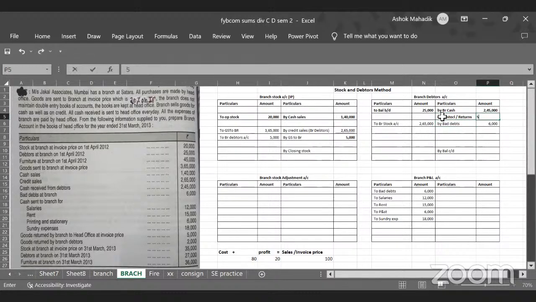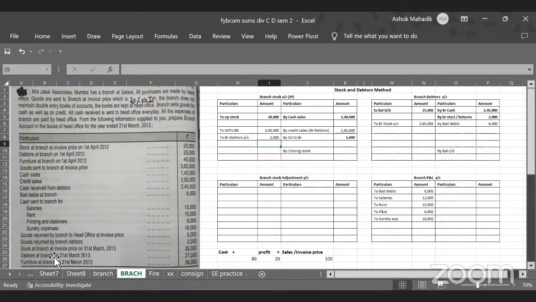Next entry, goods returned by debtors. Just wait. The amount is 2,000, not 5,000. Amount is 2,000. Okay. That 5,000 was stock returned by branch to HO.